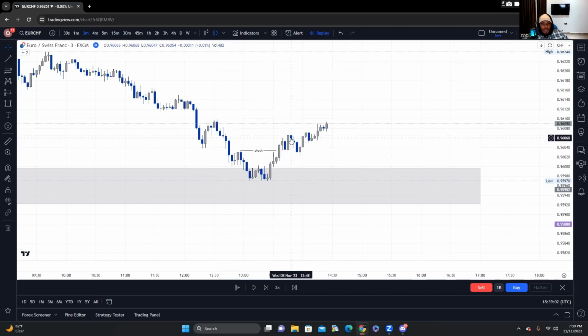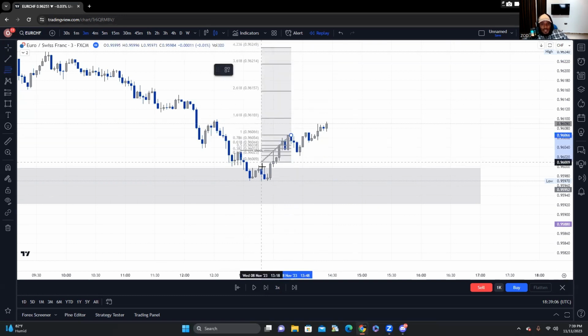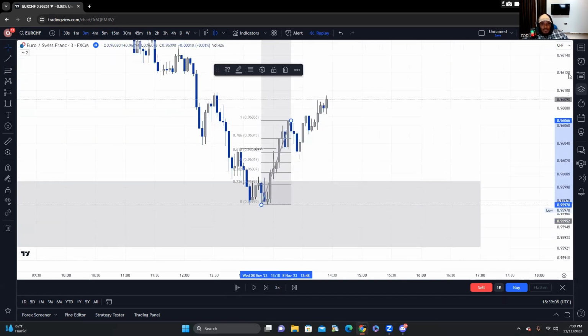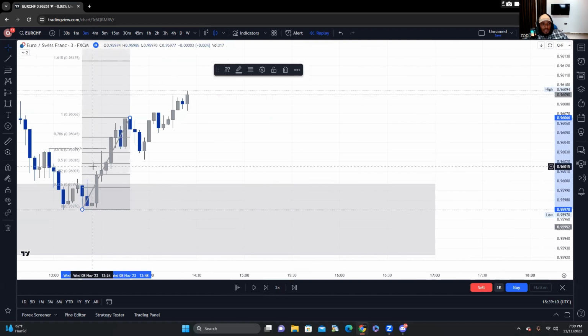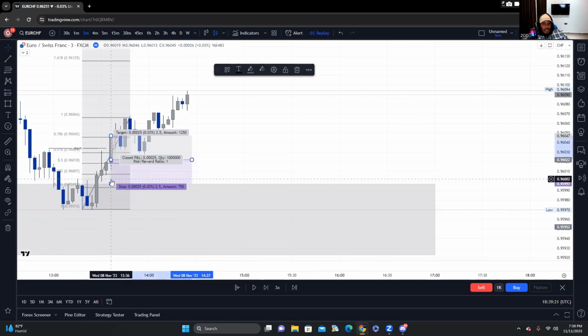So this is the high now. From this high to this low, if we draw a Fibonacci again, where's our 50%? Our 50% is somewhere around here. And you can see that there's this fair value gap here also.